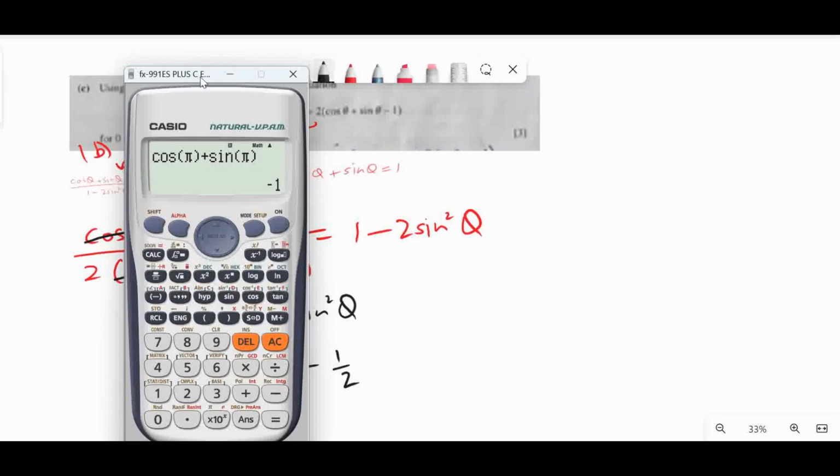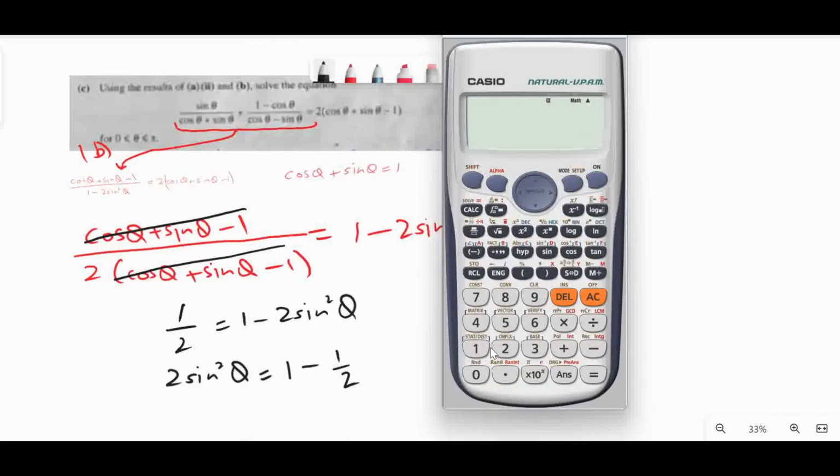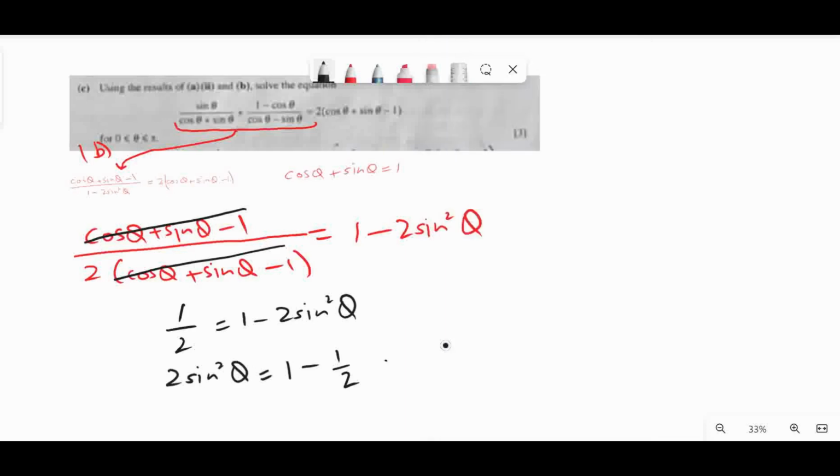Let's see, 1 minus 1 by 2 will be equal to 1 minus 0.5, which is 1 by 2. So 2 sine square theta will be equal to 1 by 2, which means that sine square theta will be equal to 1 by 4.